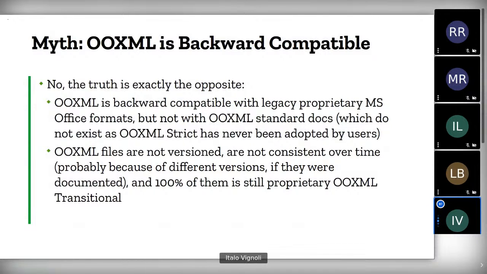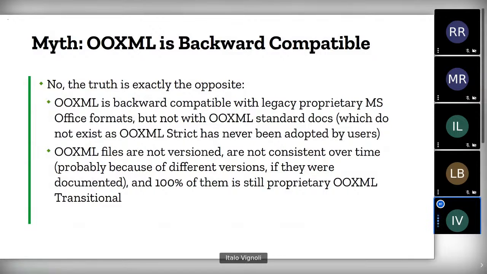But it's not compatible with the Office OpenXML standard documents, because they basically do not exist, because Office OpenXML Strict has never been adopted by users. It has always been the last option in the Save As menu when available, because it's not always available. It's not available with Office 365 and Office for Mac.